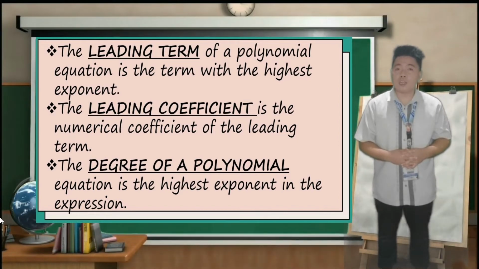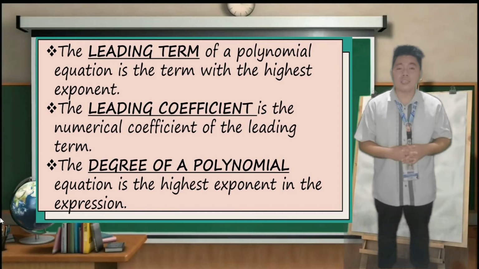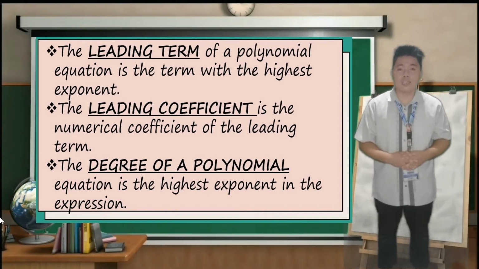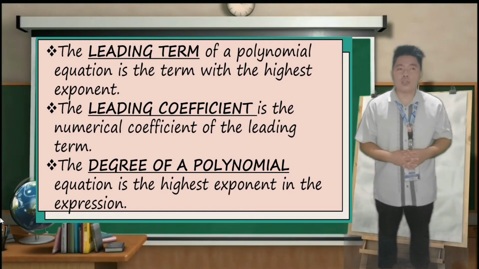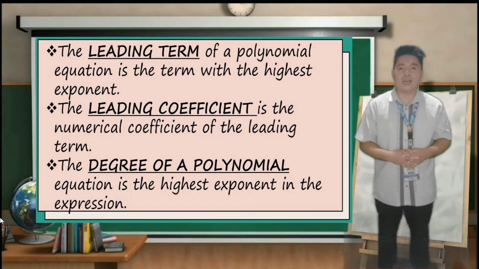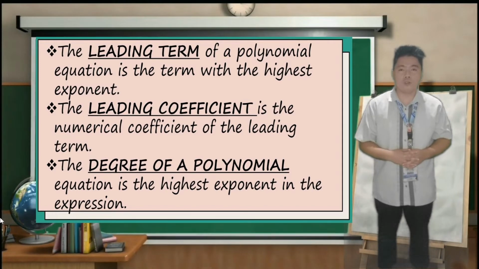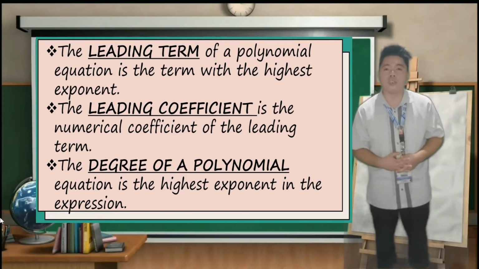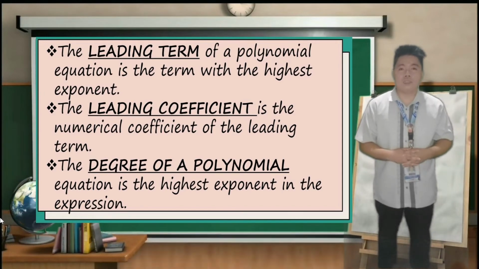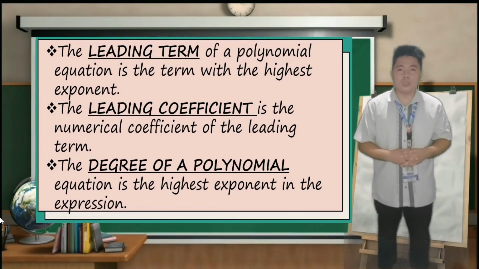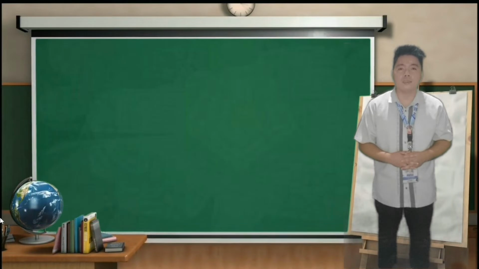The degree of a polynomial equation is the highest exponent in the expression or equation, so you will see an exponent that is the highest among all the exponents in a given equation. Those are the terms that you need to take note of in this lesson.